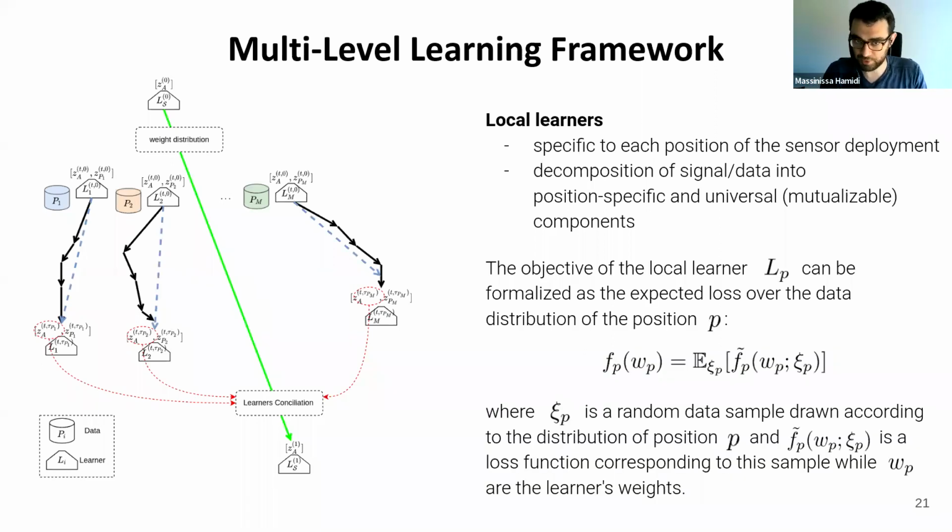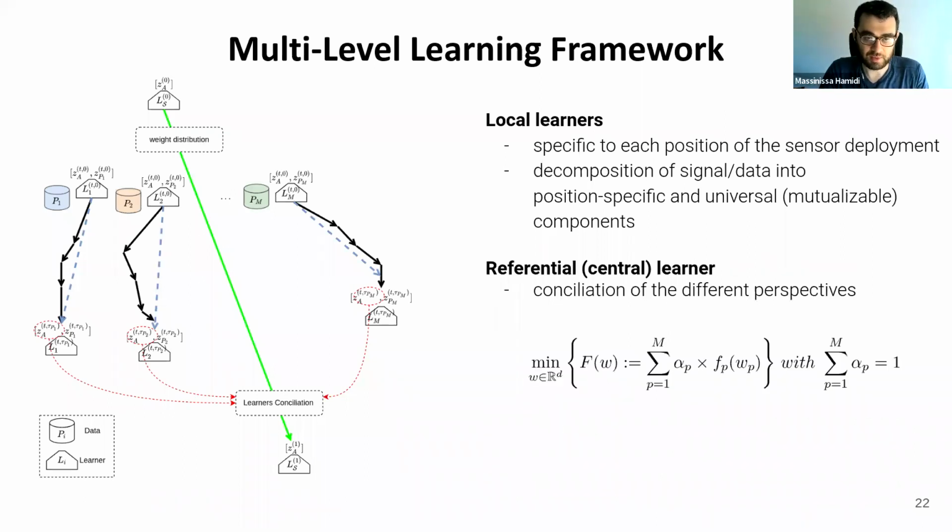The local learner's objective can be formalized as the empirical risk of the distribution of the data that is specific to the position. So we don't have the same distribution, but different distributions depending on the position of the sensor.